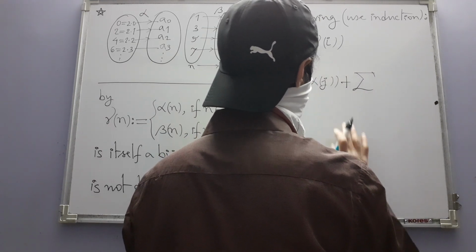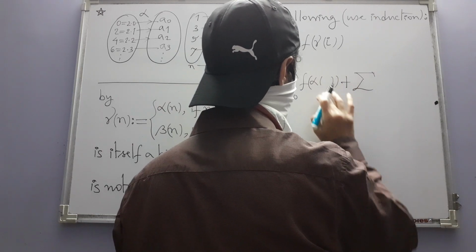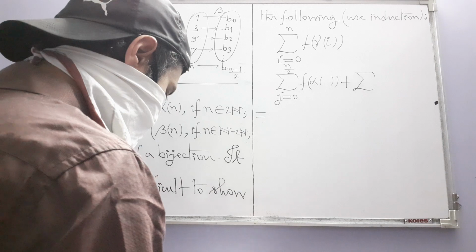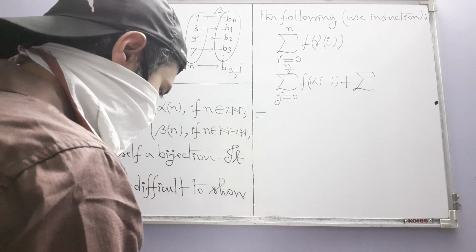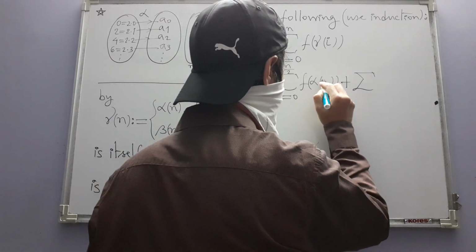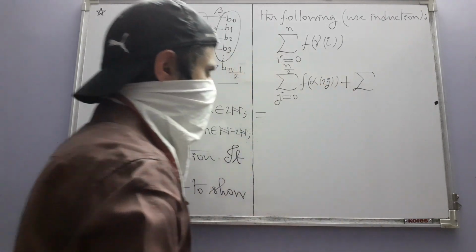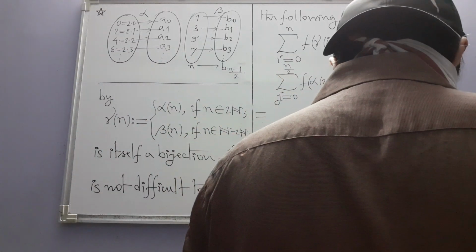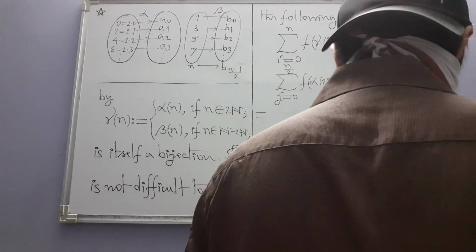Summation, have I written it correctly? I think it will be 2j, because we are considering that kind of, yeah, it has to be 2j, otherwise it does not make sense. Let me first write the thing down and then we will discuss.